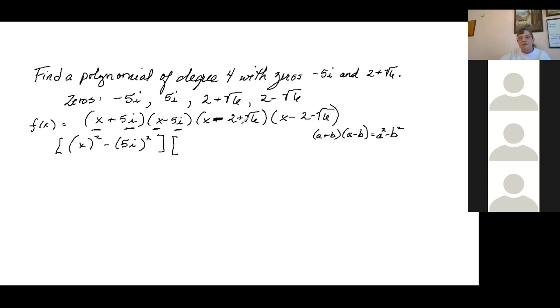This, likewise, notice that the sign change is here. So this is x minus 2 plus square root of 6, and x minus 2 minus the square root of 6. So the first one is x minus 2 squared minus the square root of 6 squared.